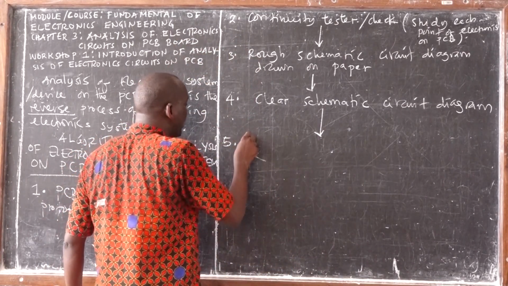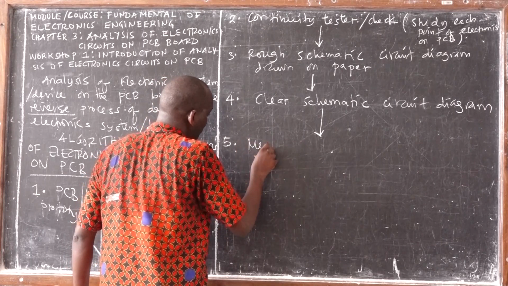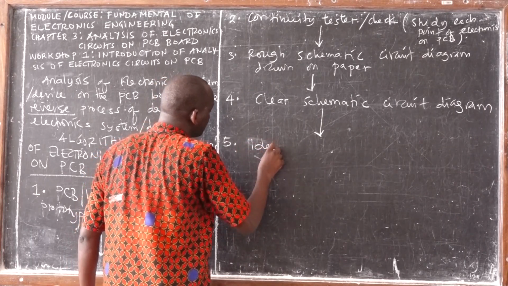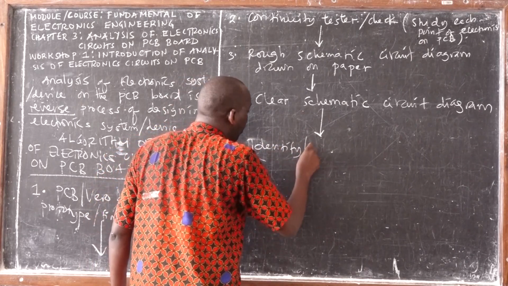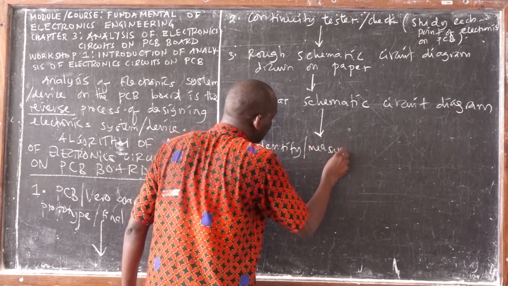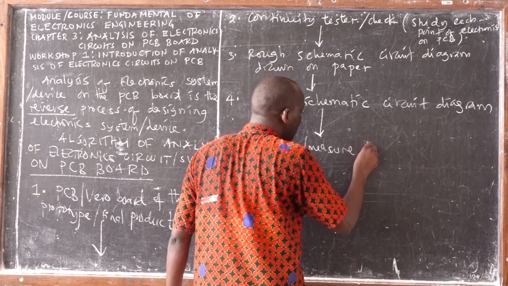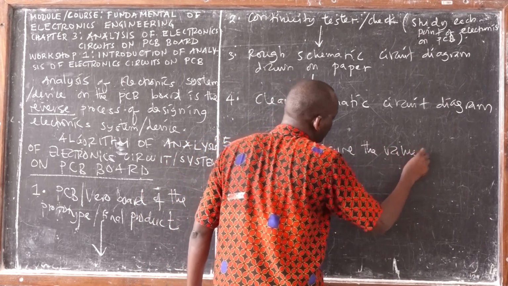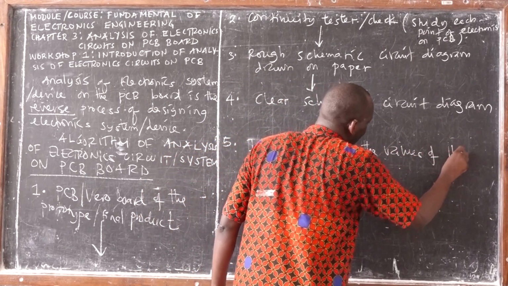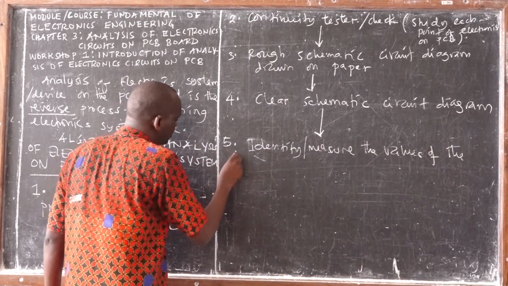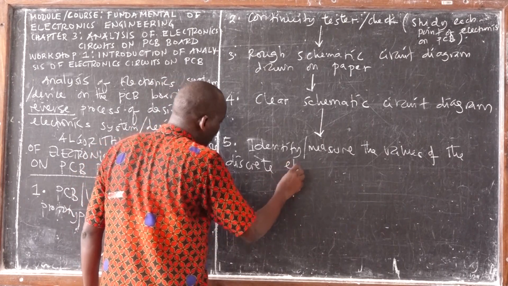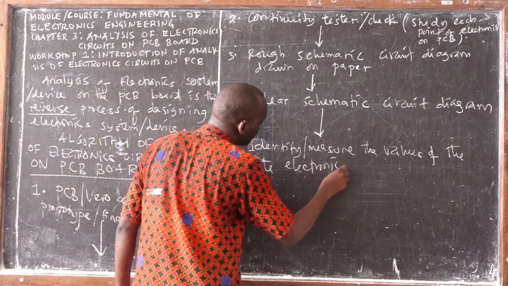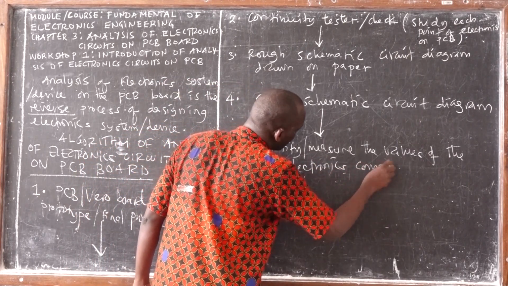So you say measure, identify, it means you can use color code in case of a resistor, or measure the values of the discrete electronic components.